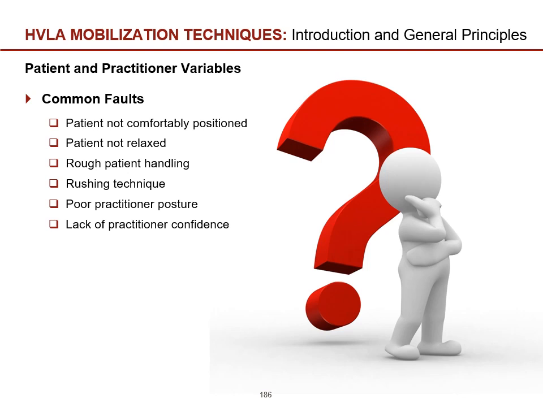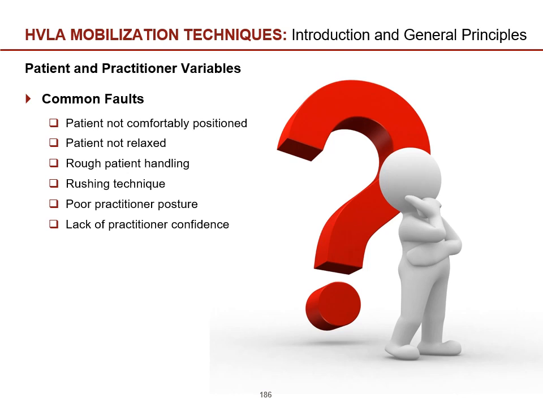They're not relaxed. Potentially rough patient handling. This can occur particularly early on when learning a new technique, where there's a lot of co-contraction on the behalf of the operator, which increases the actual contact pressures. The rushing of the technique, poor practitioner postures, and/or lack of practitioner confidence in performing the technique.